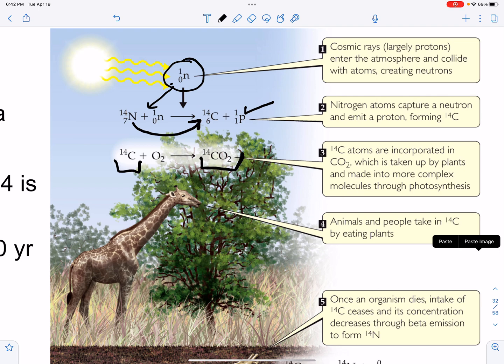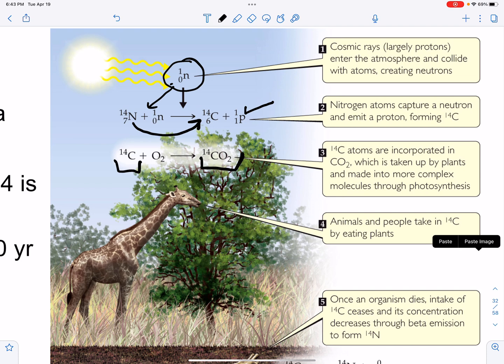However, the moment the animal or the plant dies, then that constant exchange of consuming the proper ratio of carbon-12 and carbon-14 stops. And the carbon-14 is more unstable than the 12, and it begins to decay.